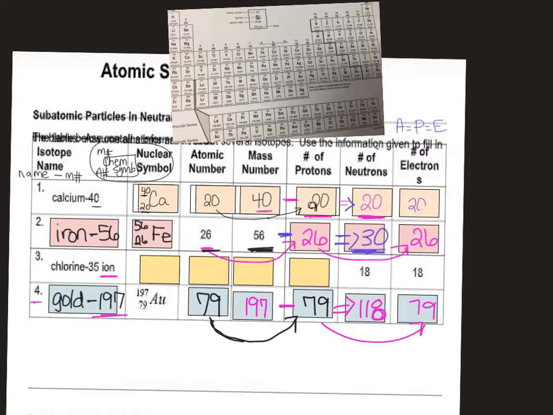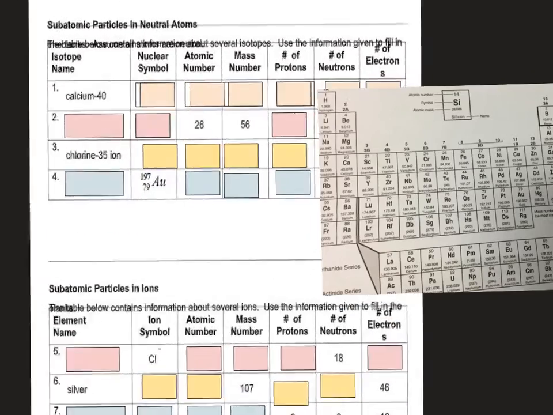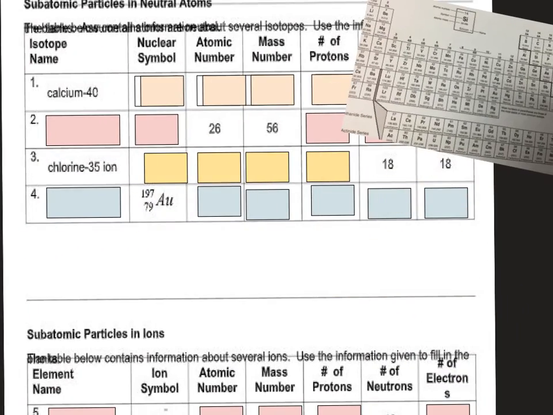All right, so that moves us to the next part of this little video lesson, which is going to be ions. For ions, we have to now consider the fact that ions mean there's a difference in protons and electrons.